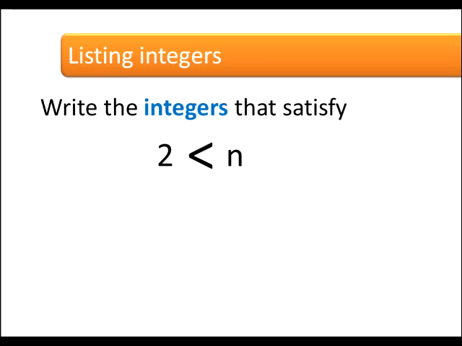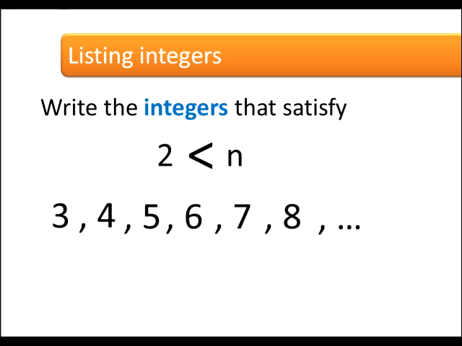When we swap them round, this confuses a lot of people. But if you think about it, so that's a 2, this is the less than any number. So 2 is less than the number. So what numbers is 2 less than? Well, 3, 4, 5, and so on. All of these numbers are bigger than 2, so therefore 2 is less than.